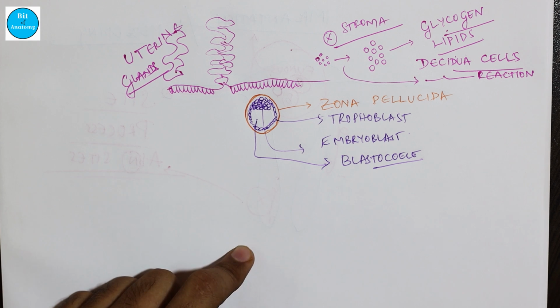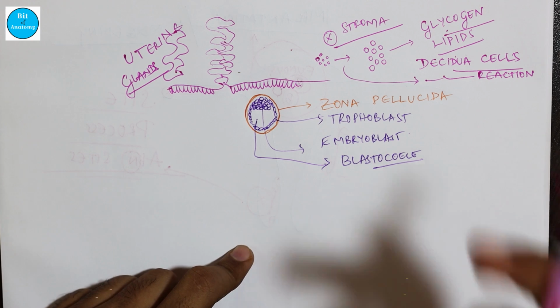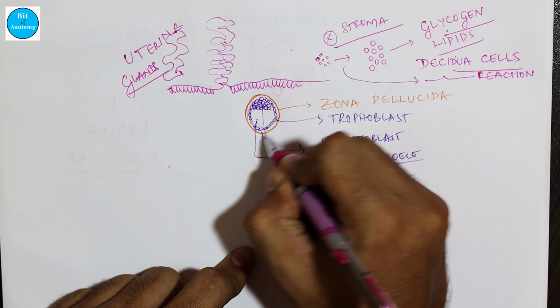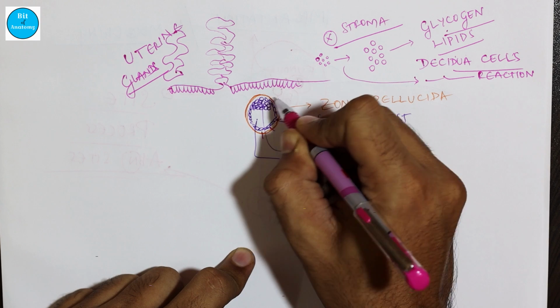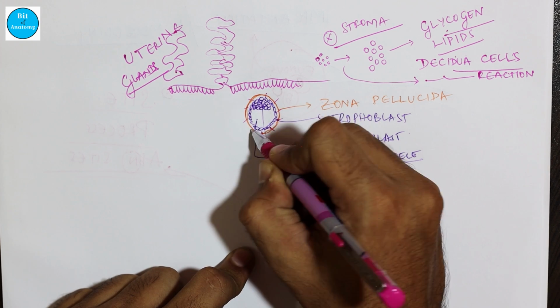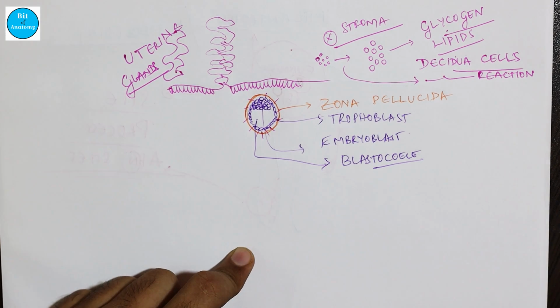In the initial stage of implantation, gradually the zona pellucida will disappear. It occurs around the 5th day after fertilization.